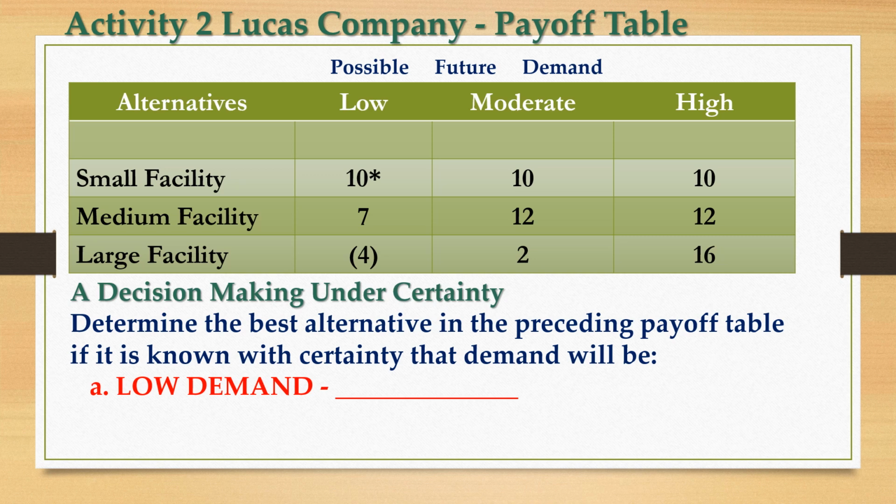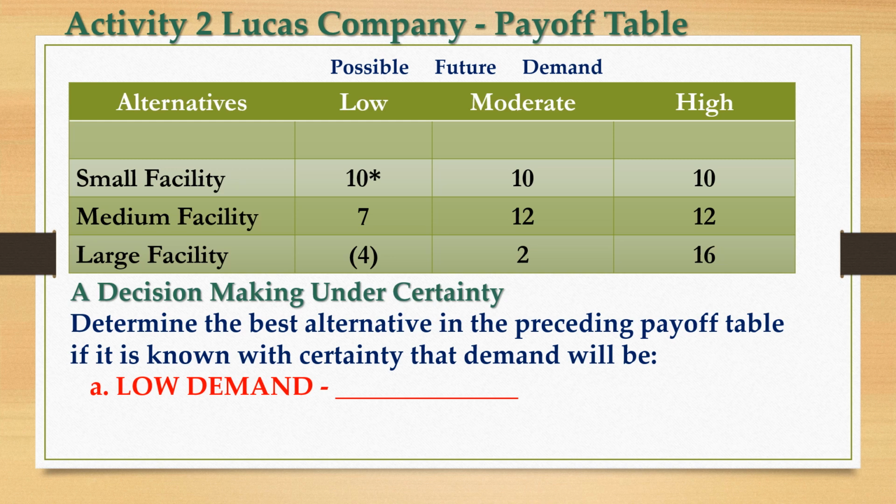So given our payoff table having the following alternatives, small, medium, and large size facility, you have to decide which among the three will be implemented. So if it is known with certainty that demand will be low, all you have to do is to look at the low column. And on our low column, we have the following payoff amounts: 10 million pesos, 7 million pesos, and 4 million pesos loss.